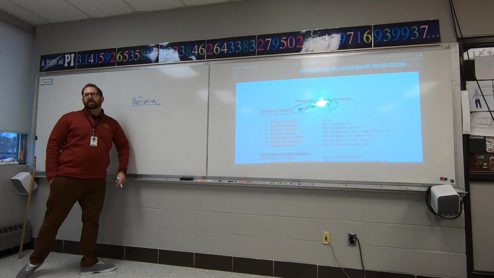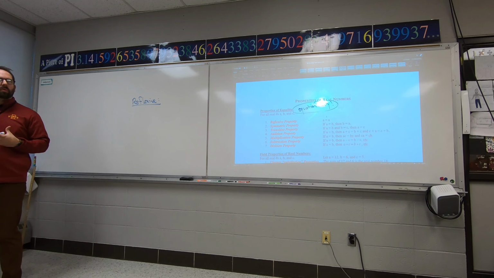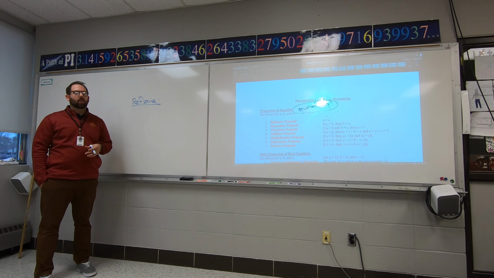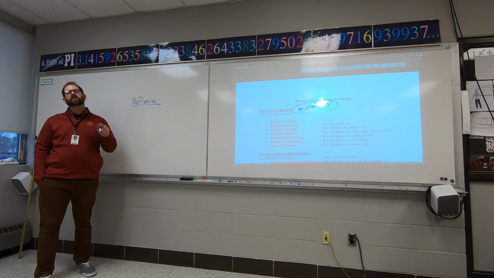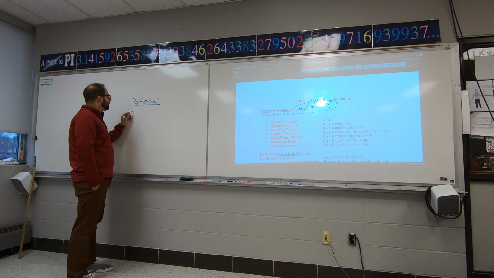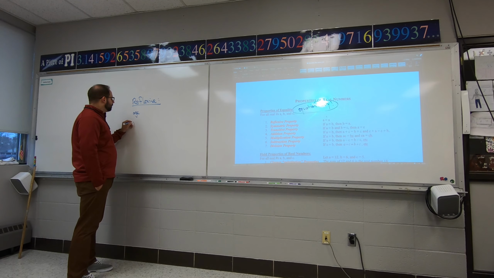Okay, the reflexive property is anytime I write a problem on the board and you copy it exactly, one for one, or if I told you two things were exactly equal to each other and you set them equal to each other. So let's say, for instance, the formula for age is this.